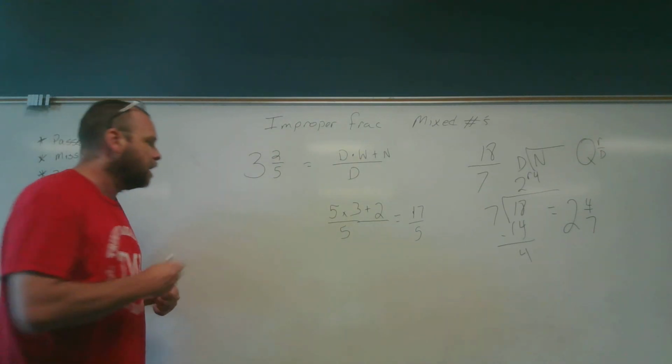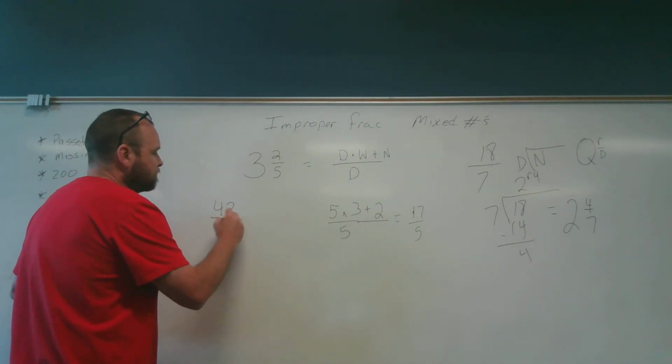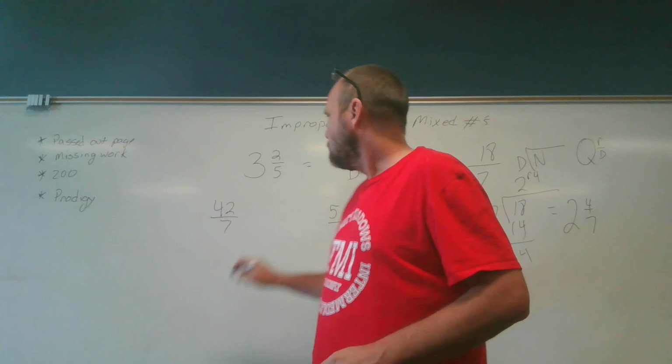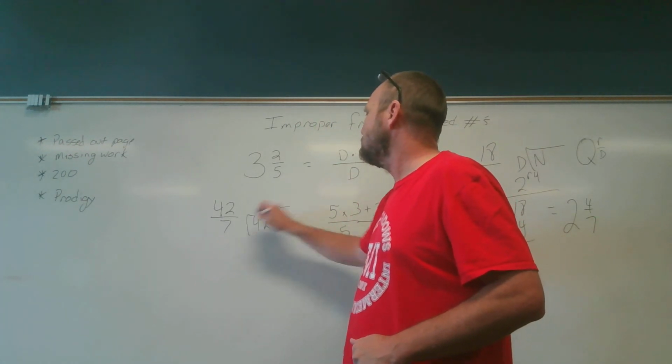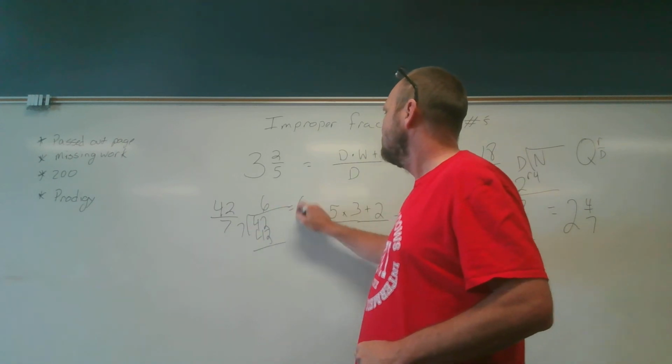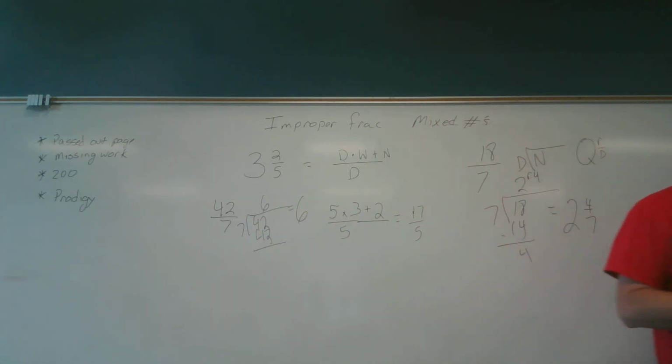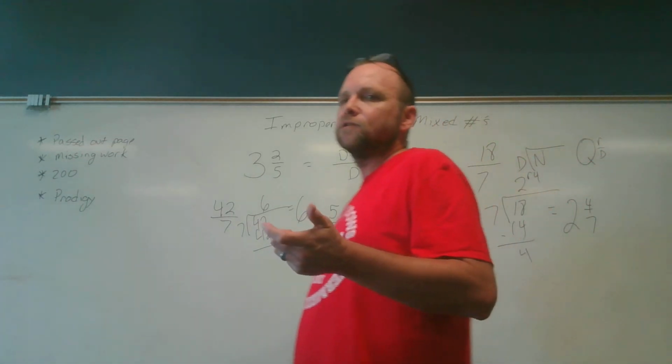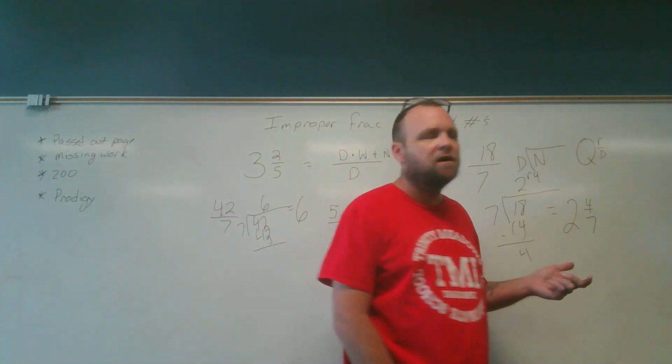So like if we had 42 sevenths, it would be 42 divided by 7, which equals 6. So your answer is 6. You don't say 6 and 0 sevenths. You just say 6, because there's no remainder.